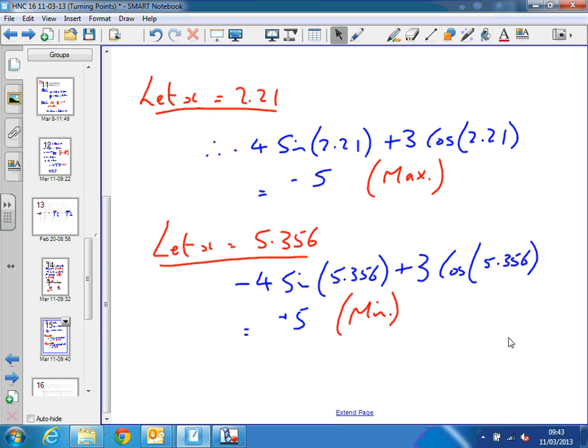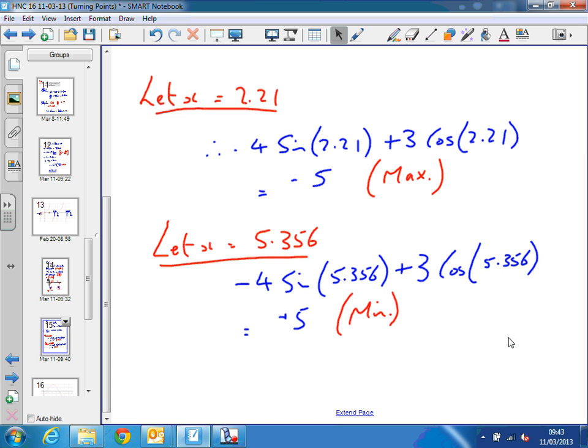What do we do now? What might we be interested in? Not necessarily drawing it out. I've gone to all the trouble of finding out that there is a maximum when x equals 2.21. What would I then be interested in finding out? What is that maximum value?